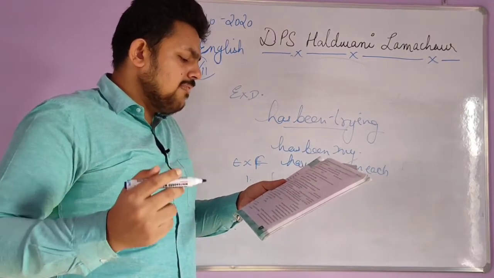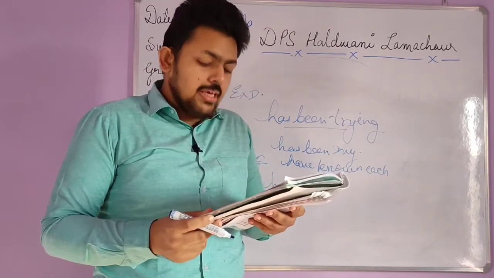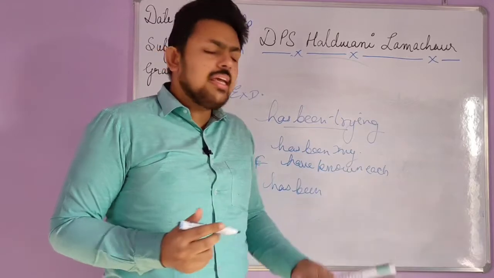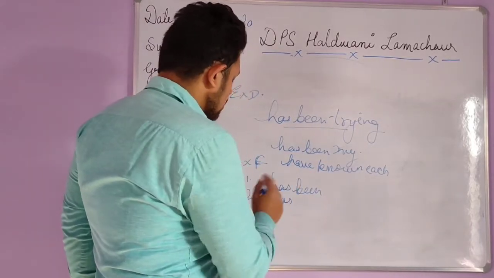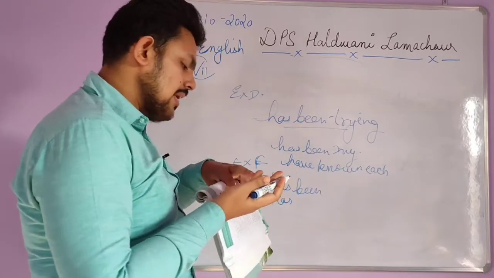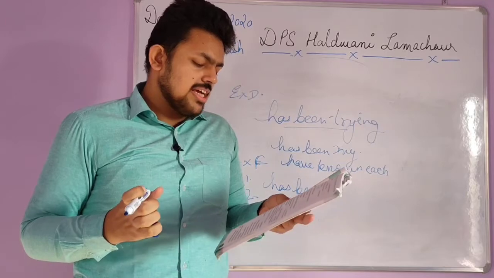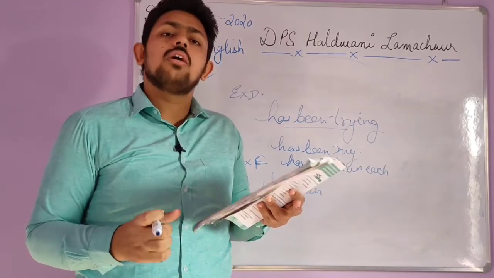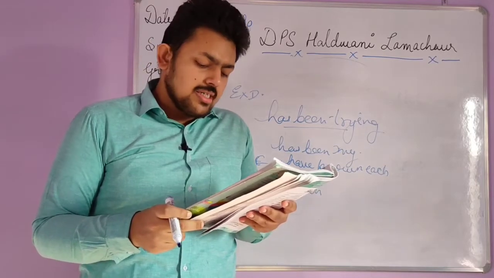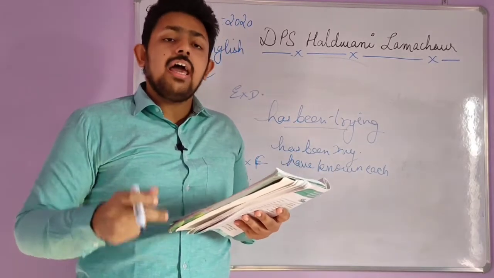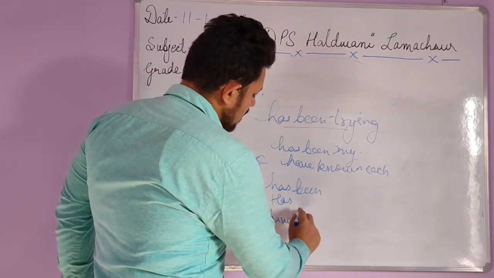Has Pradeep been fighting with you lately? Has will come here. Now, the third one, it is also very simple. I dash living in Delhi since 2005. I have been living.